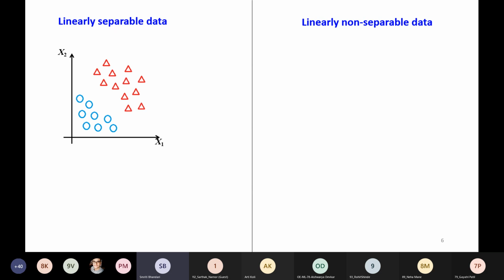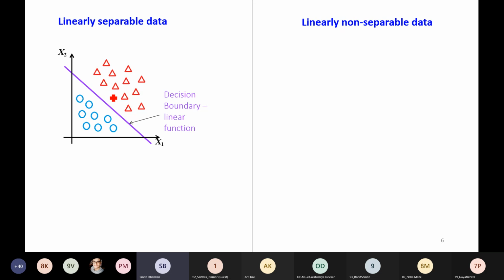So let us look at this figure. Once again, we are having the training data that belongs to two classes, circle and triangle, and every sample is being described with two features, x1 and x2. And if we want to classify this data, we may come up with a decision boundary like this, which is a linear function, right?